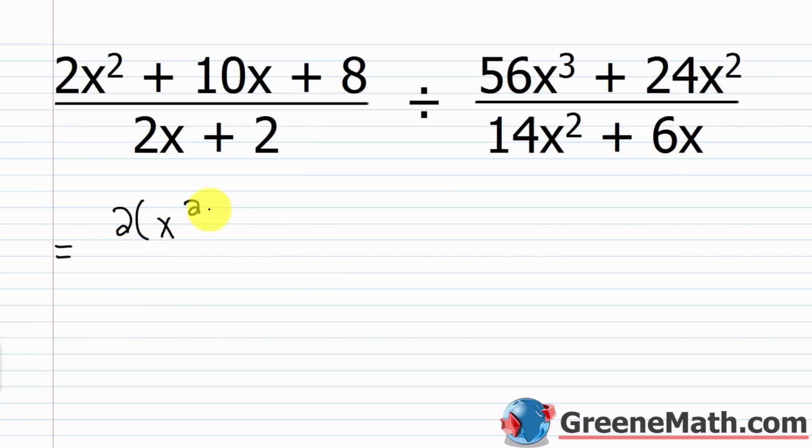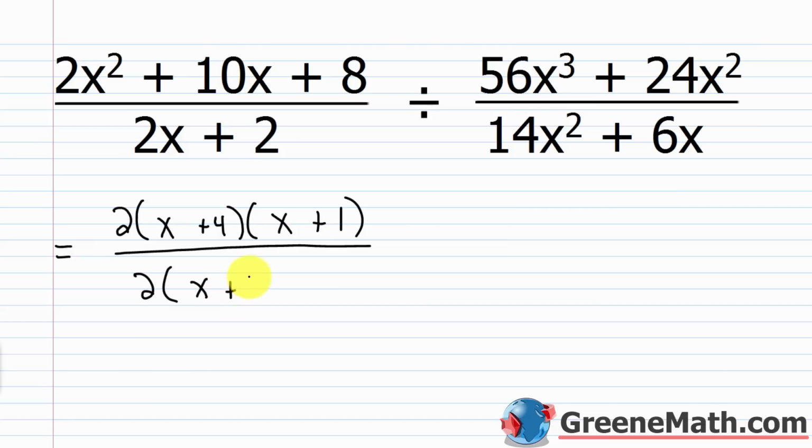We'll have x squared plus 5x plus 4. Now give me two integers whose sum is 5 and whose product is 4. You could do 4 and 1, right? So x plus 4, that quantity, times x plus 1. Now the next one in the denominator, 2x plus 2, I can pull out a 2, and I'd have x plus 1 there.